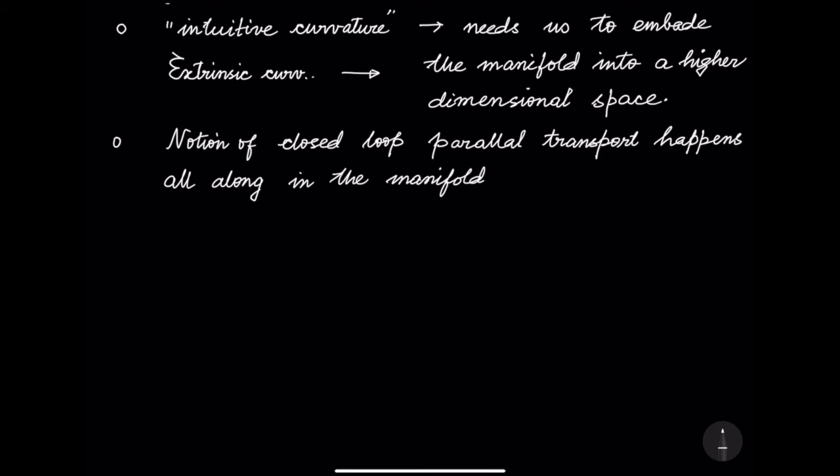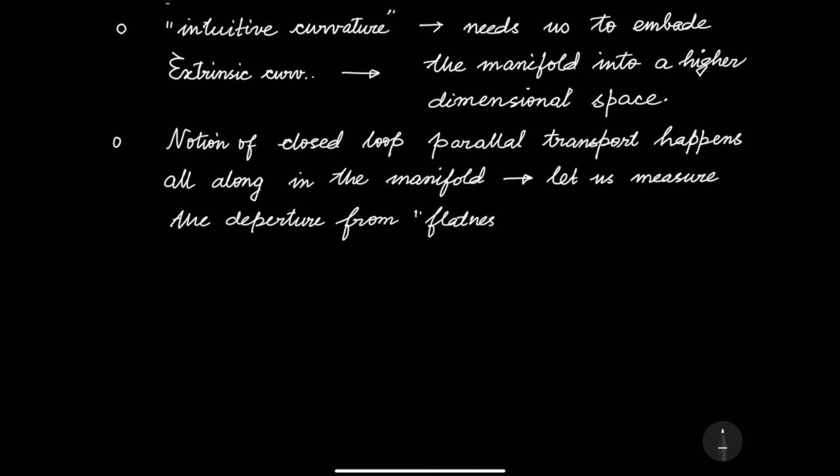And we know that for a flat space this is zero, so the components of the vector don't change in a closed loop parallel transport in a flat space. Because this happens all along in the manifold, this lets us measure the departure from, roughly, flatness of the manifold.